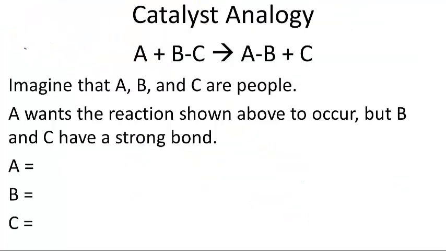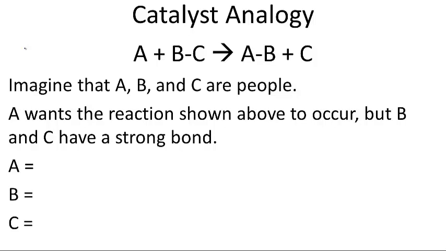All right, so now I'm going to make an analogy for one way a catalyst can work. We said a catalyst lowers the activation energy for a reaction. And why is there an activation energy, do you think? Where does activation energy come from?